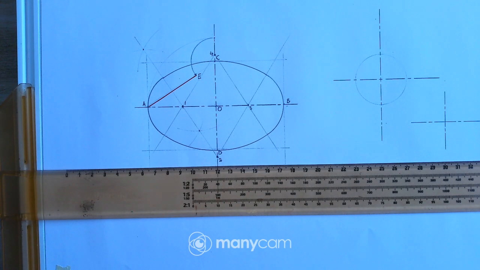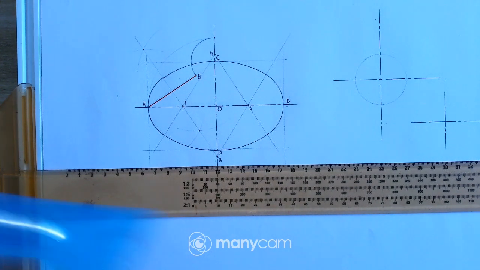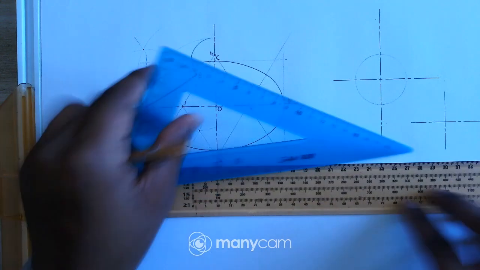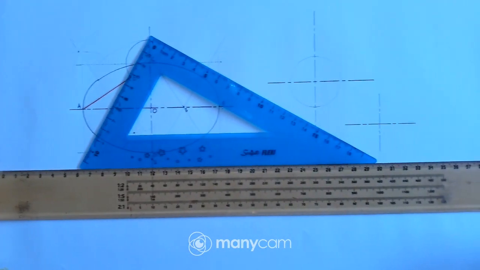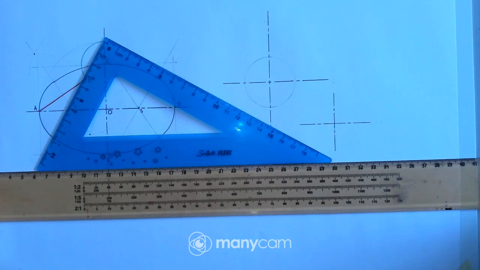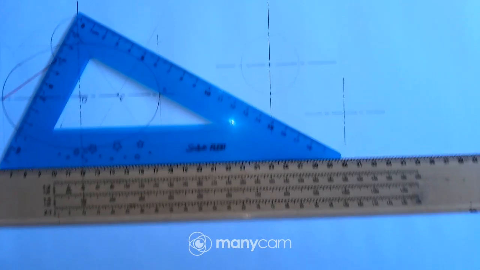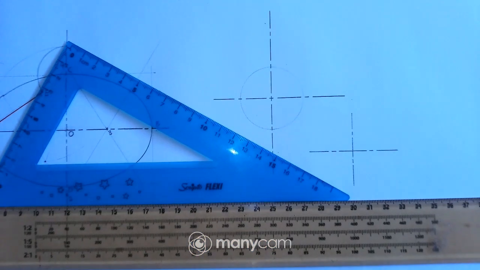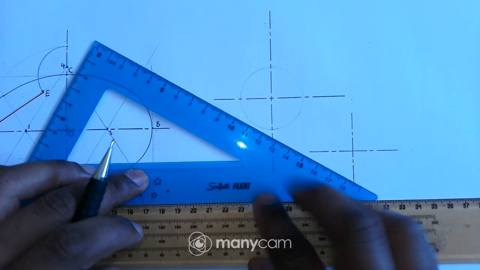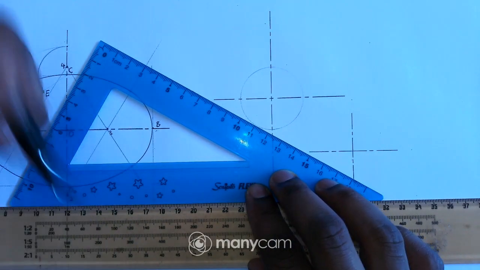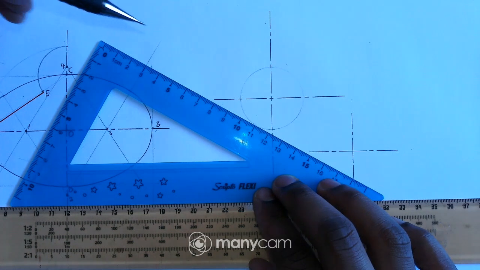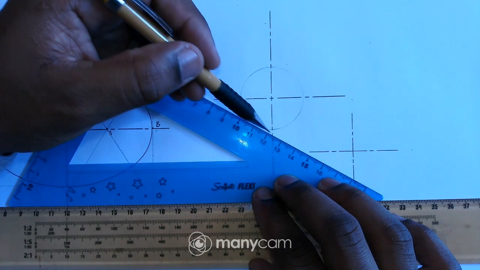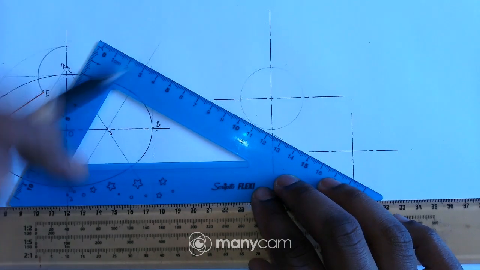You just draw tangent lines around the circle. So I take my 30 by 60. Let me just move this a little bit this side and then zoom in like that. Okay, so I put my compass like that. Then I draw a tangent line. I'll slide my set square to where the circle starts, and then I draw a light construction line.